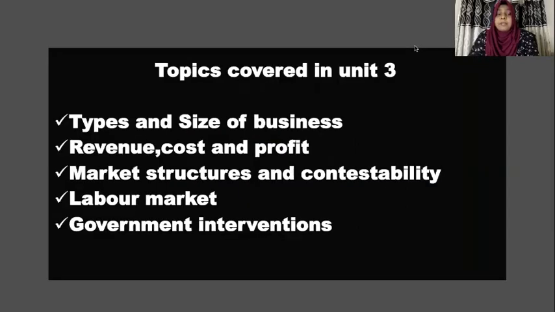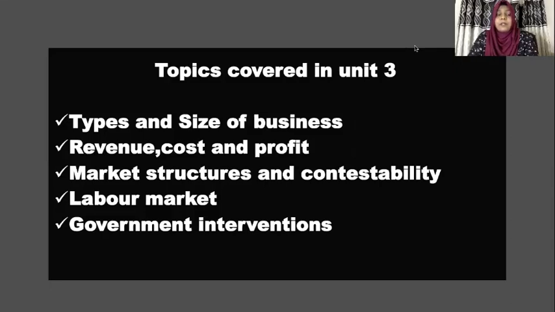As part of major topics that are covered in unit 3, we have mainly 5 different sections. In the first part, you will be learning about different types of businesses, including public sector businesses as well as private sector businesses. You will also be learning about size of businesses such as small firms as well as large firms, advantages and disadvantages of small firms, what are the reasons why small firms are able to be more successful than large firms, different types of mergers, objectives of firms' growth such as profit maximization, sales maximization, as well as revenue maximization.